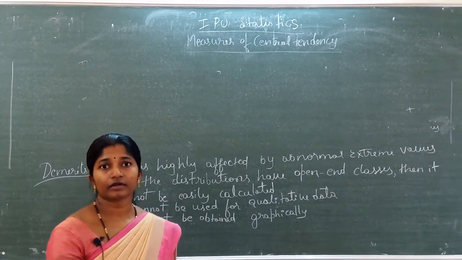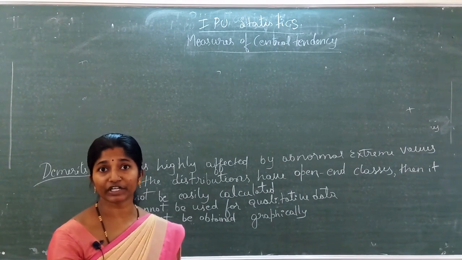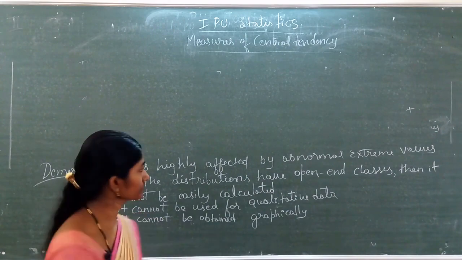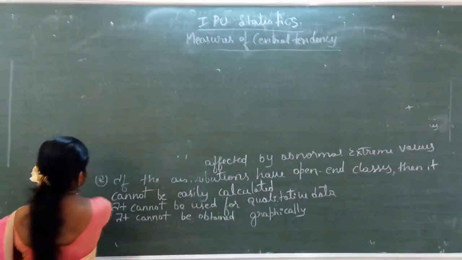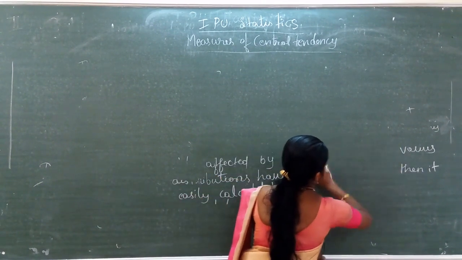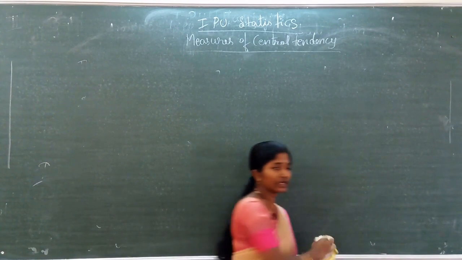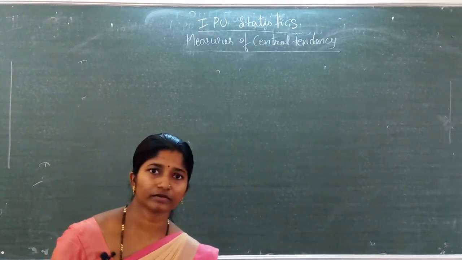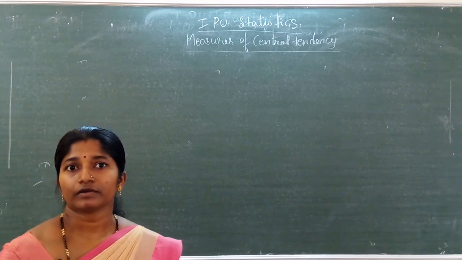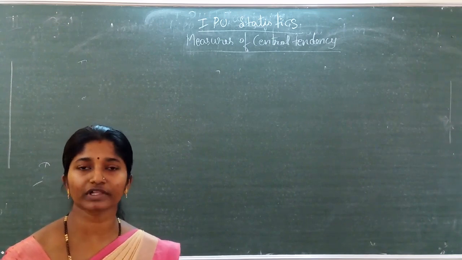Next, another arithmetic mean is the weighted arithmetic mean. We have done the weighted arithmetic mean. See, when compared to simple and weighted, in the simple, equal importance is given to all the items.